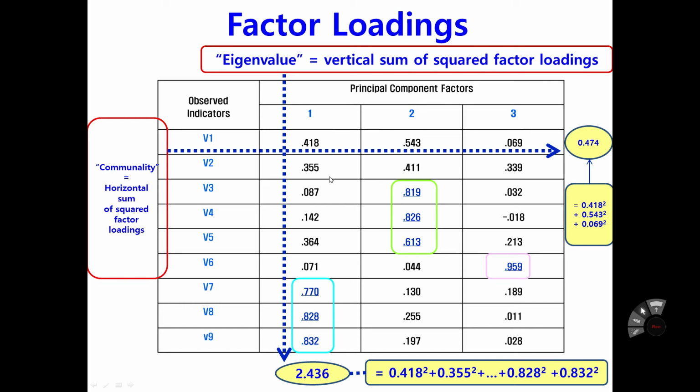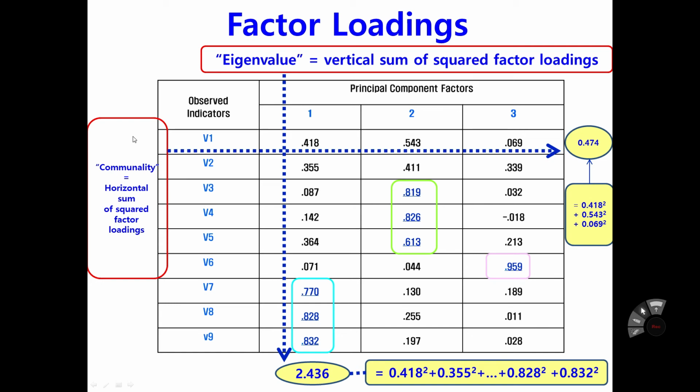So eigenvalue will be defined as the vertical summation of squared factor loadings. In this example, the first principal component extracted explains 2.436 variation of variables. That is the summation of all squared factor loadings column-wise. That is the meaning of eigenvalue.